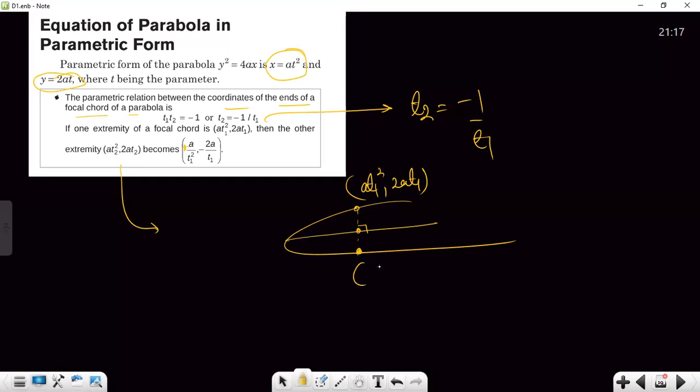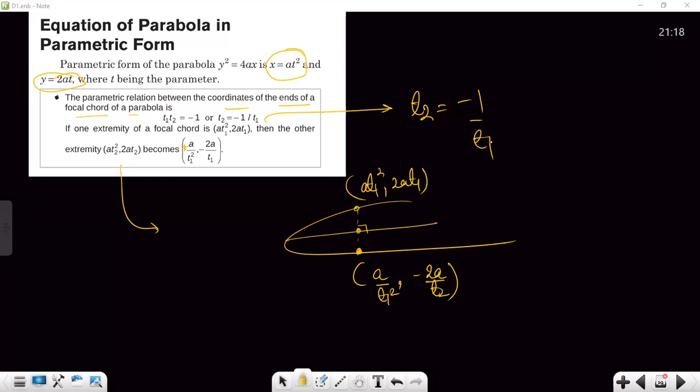Then this is at2 square. So instead of at2 square, write a by t1 square, positive because this is square. This time minus of 2a by t1, because t2 is equals to minus of 1 by t1. That's why. Clear?